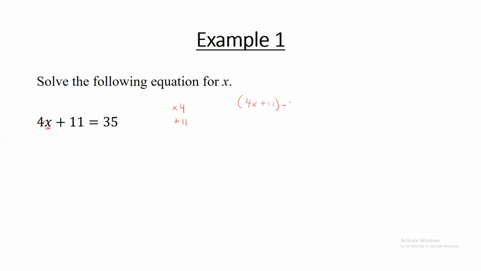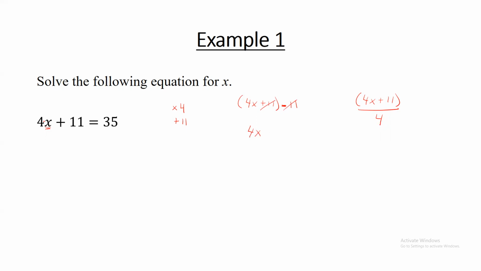We could subtract 11 from it, it's perfectly legal, or you could choose to divide it by 4, also perfectly legal. Which one's easier? Let's see. Well, if we subtract 11, we just have like terms here that cancel each other out, leaving us 4x.